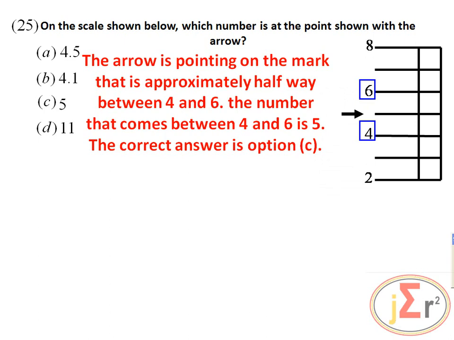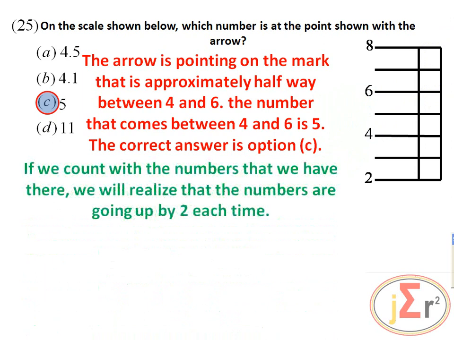What number will be halfway between 4 and 6? 5. Right. So the correct answer is 5, and that is represented by option C. Halfway between 4 and 6, we have 5.